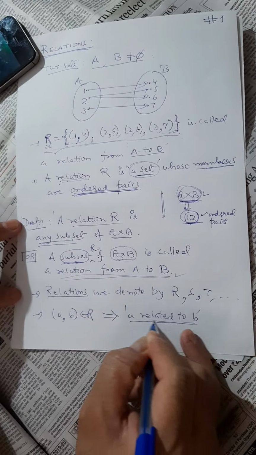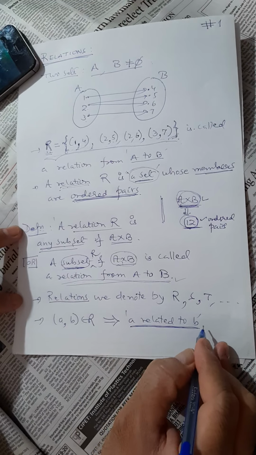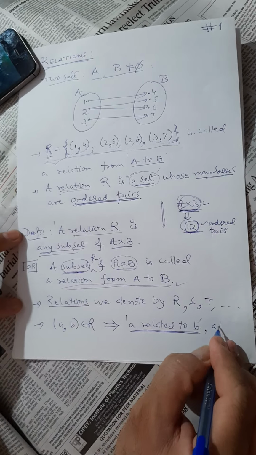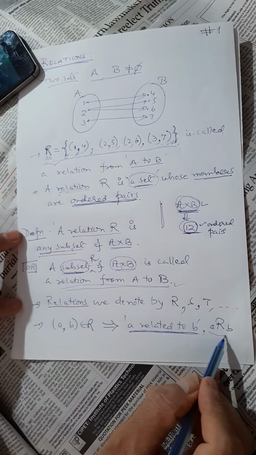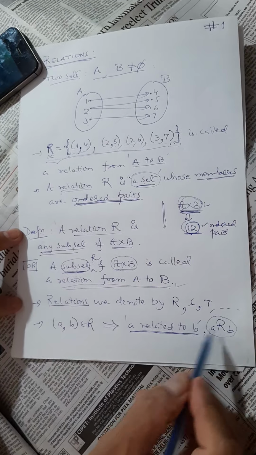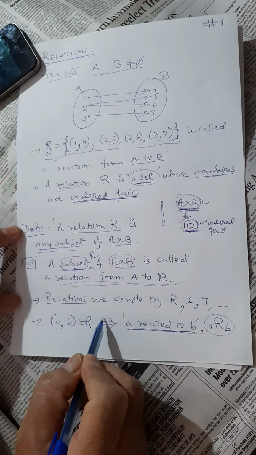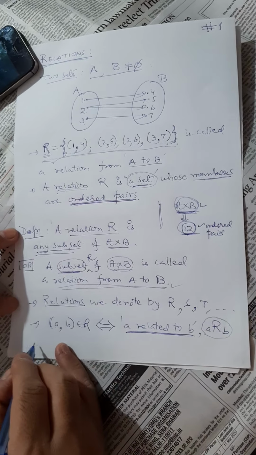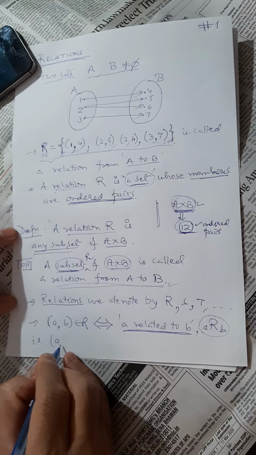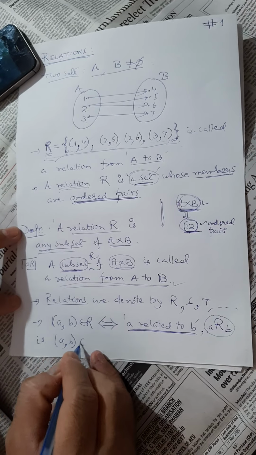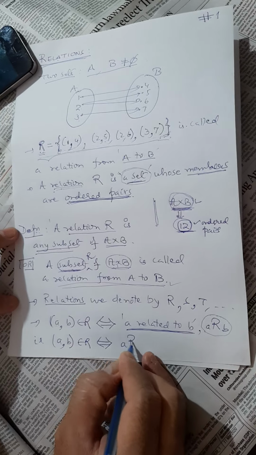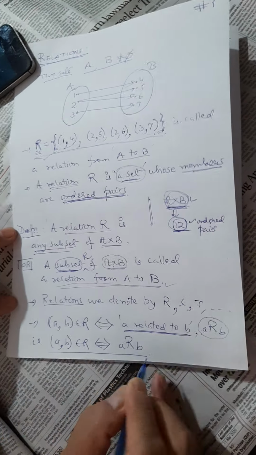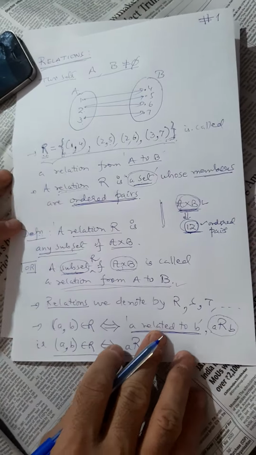They are related through a certain relation, and we write it like this: a, then R, and then b. And the reverse is also true. If we have a related to b, then we say that a comma b is in R. So you have this standard notation: a comma b belongs to R if and only if we write a R b. This is a commonly used symbol in this chapter.